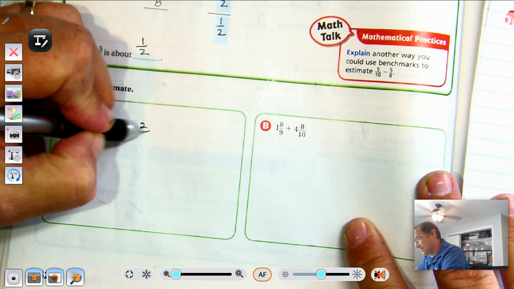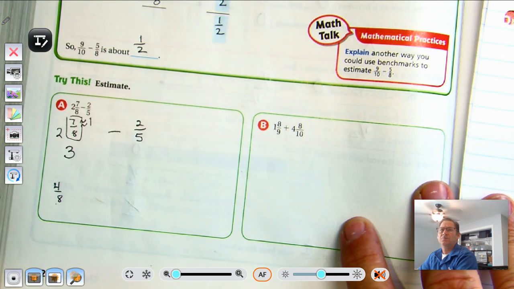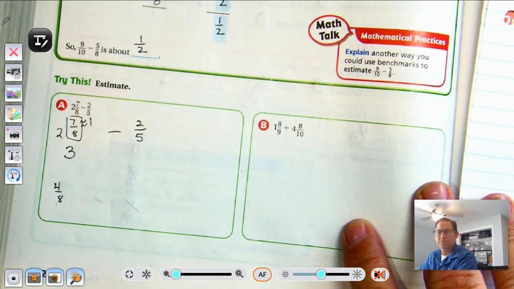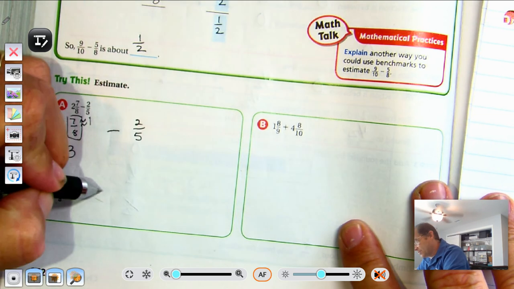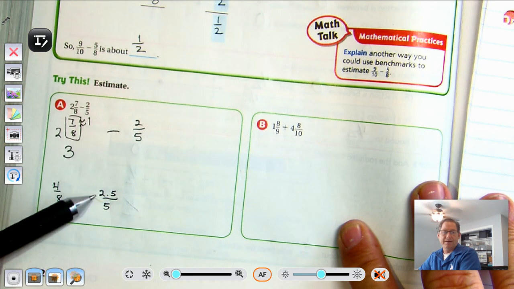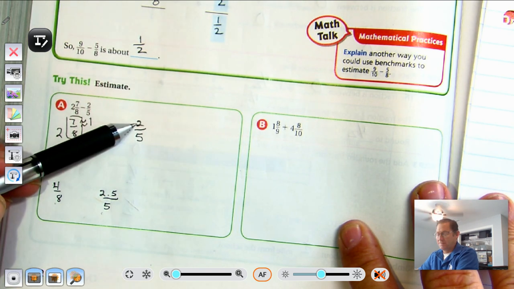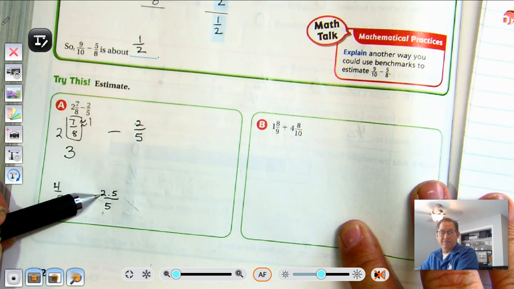And 2/5. What's half of 5? Well, half of 5 is 2.5. So 2.5 out of 5 parts would be halfway, right? 2.5 plus 2.5 is 5. Well, 2/5 is actually pretty close to 2.5, right?